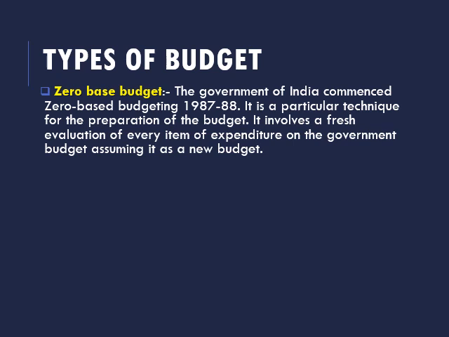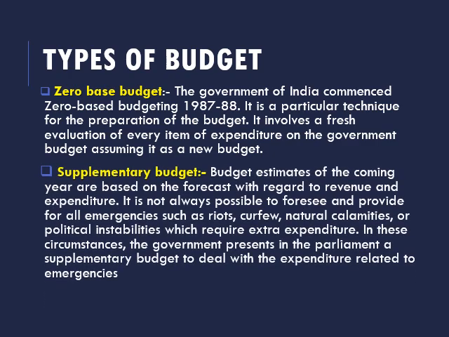Whatever expenses we have planned this year, each and every detail we have to give to the members of Lok Sabha. Every single penny record we have to show. If they feel any doubt or any confusion, they will ask you. They have the right to ask you, and that's why we call it a zero-based budget.